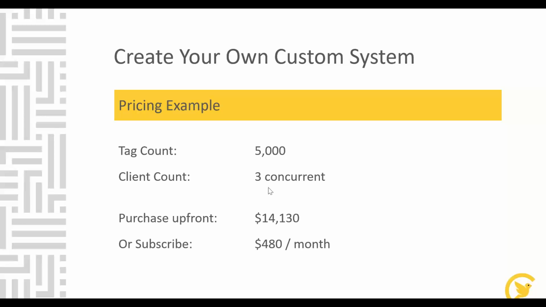So if you have a tag count of about 5,000 and a client count of 3 concurrent, then you only need to purchase upfront around 14,130. Anytime you need any pricing discussion with us, you can always reach us and we can help you configure the price.